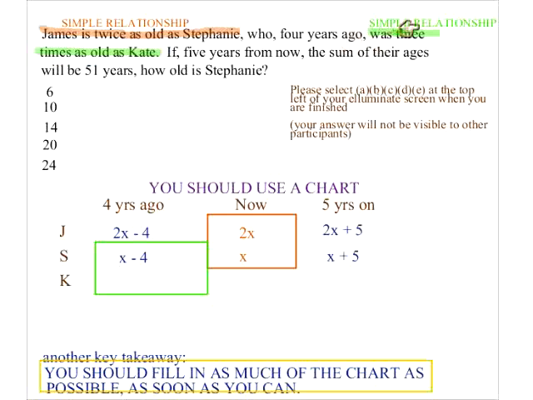So even though we've already got variables, the point is we don't need another variable because Stephanie is 3 times Kate's age. So in the text box, during this time frame, Stephanie was 3 times the age of Kate. So what would this be in the text box?